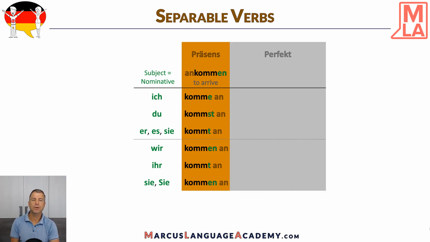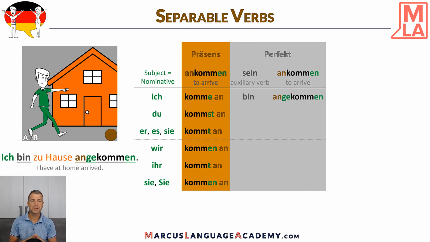But let's see what happens when we use the past tense, especially the perfect. Remember, ankommen here uses an auxiliary, in this case the auxiliary sein. If you need to understand more about the perfect, please watch my video about the past tense. But let's see what happens here. In this case we would say ich bin angekommen.